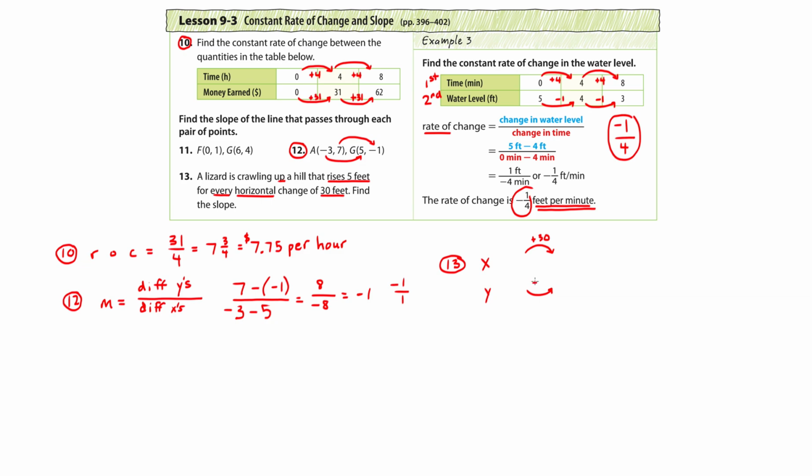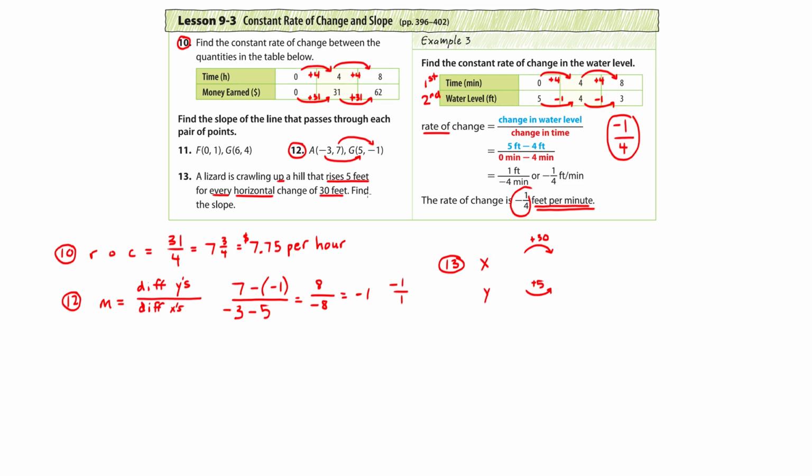So every time there's a 30 increase in the horizontal, there's a 5 increase in the vertical, or the up and down. So if we think about it, what did we do up here on example 3 and number 10? We took the second row divided by the first.